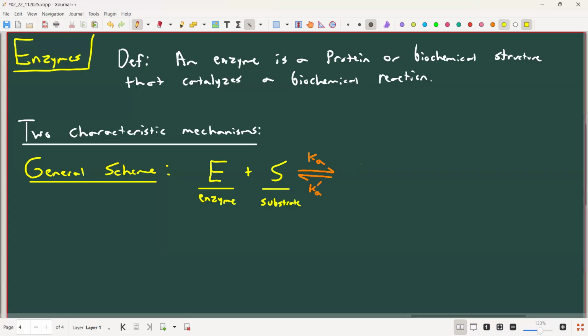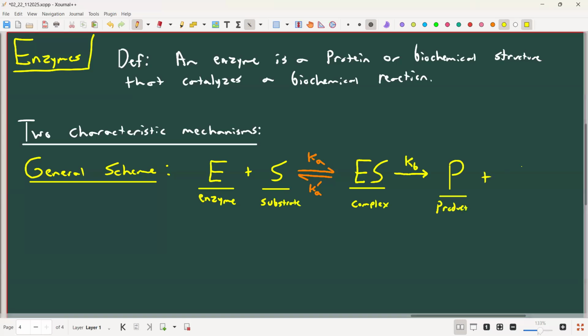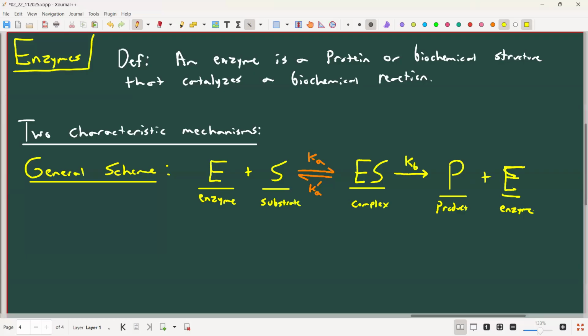And that forms our enzyme-substrate complex, ES. Then the enzyme is bound to the substrate and it starts doing its job. Eventually, at some other rate, Kb, it spits out the products and returns back the enzyme. So that's the classic catalytic cycle: the enzyme grabs the substrate, does something, spits out the product, and the enzyme is back for the next step.